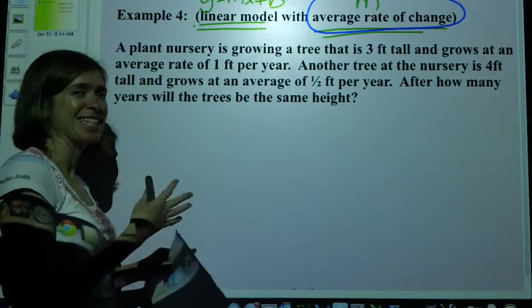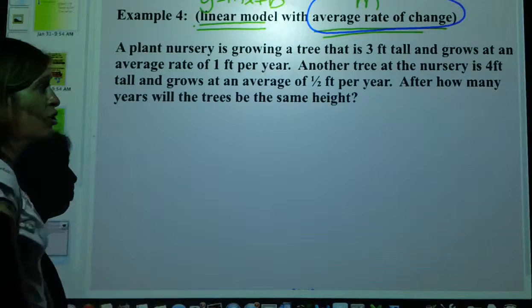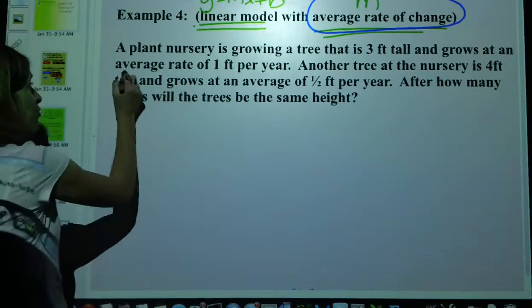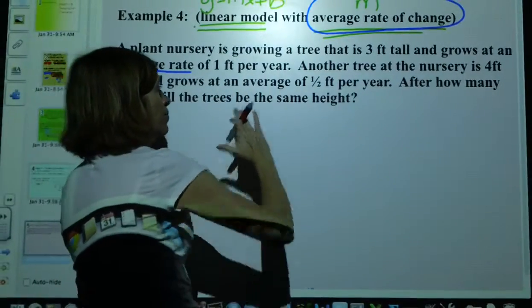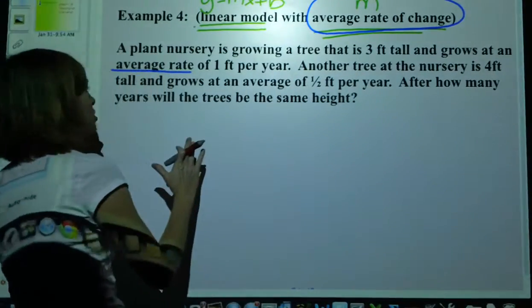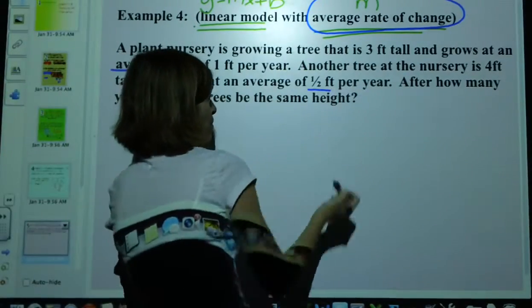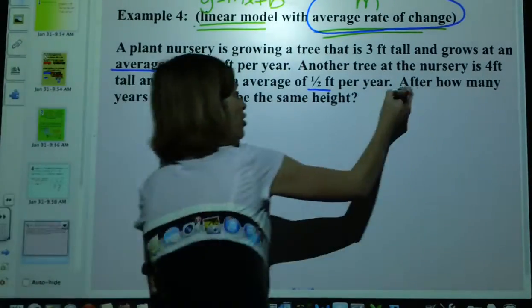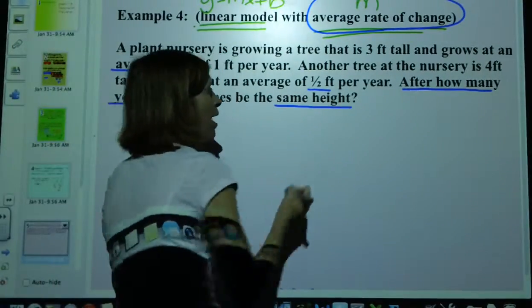Notice I didn't give you any let statements here. A plant nursery is growing a tree that is 3 feet tall and it grows at an average rate, so that's keen in my head, of 1 foot per year. Another tree at the nursery is 4 feet tall and grows at an average rate of 1/2 foot per year. After how many years will the trees be the same height?